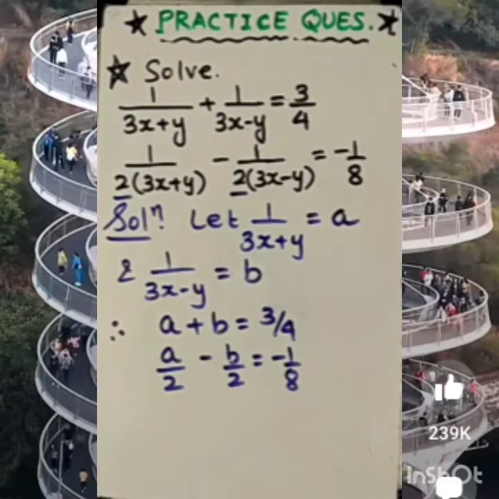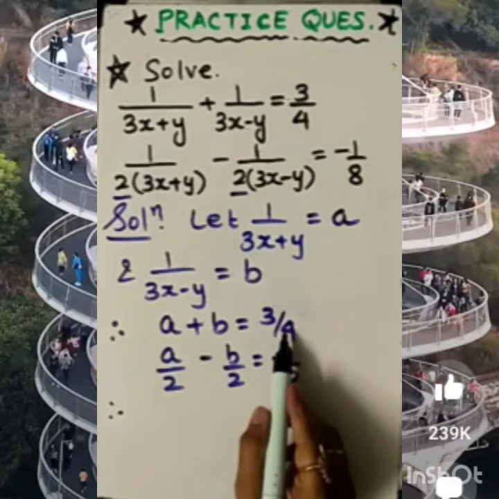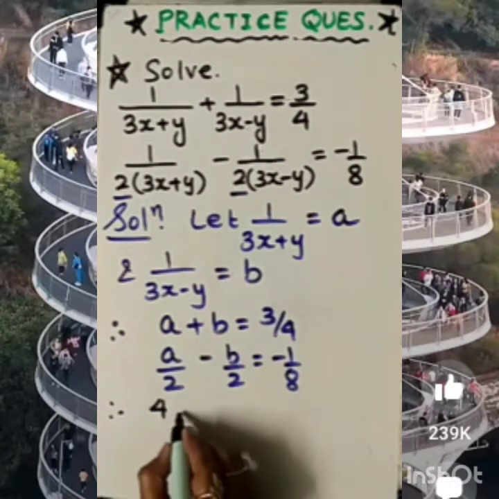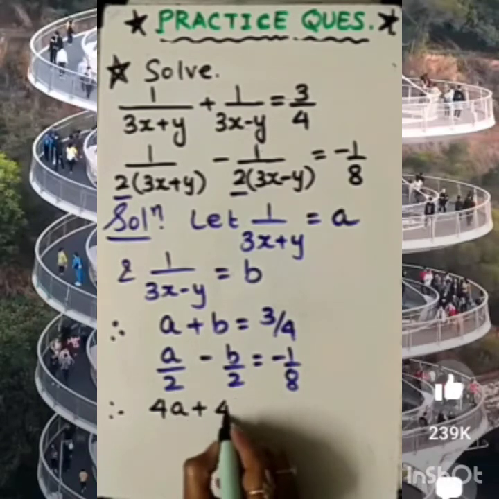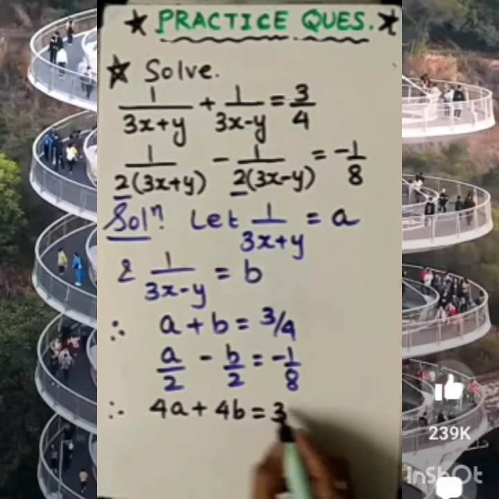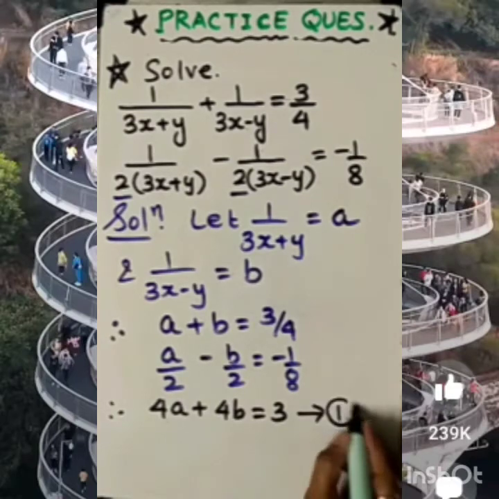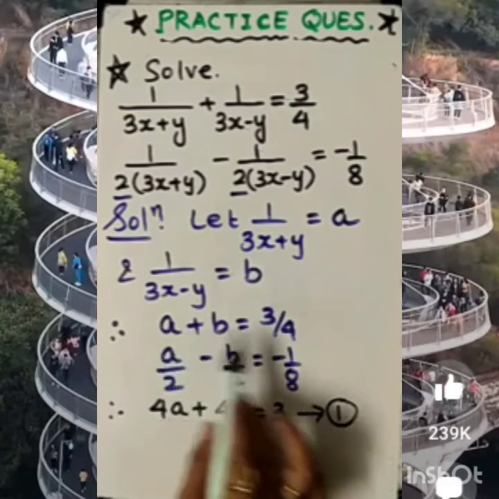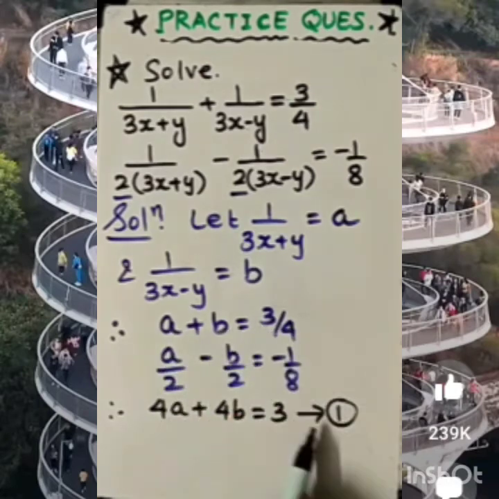Fine. So let's simplify. Here 4 is the LCM. It will be multiplied here. So it will become 4a plus 4b equal to 3. Let me call this equation 1. What I have done? 4a plus 4b equal to 3.